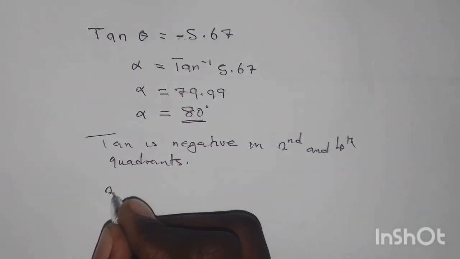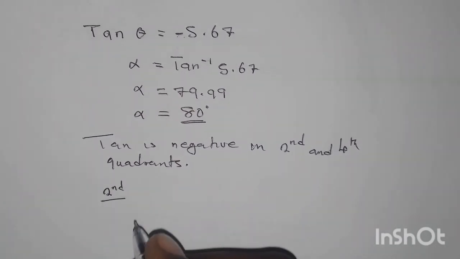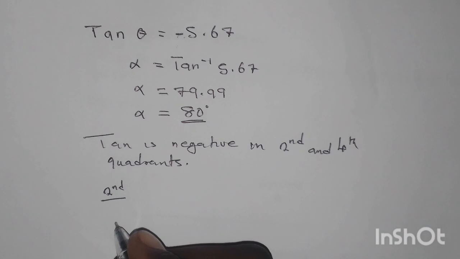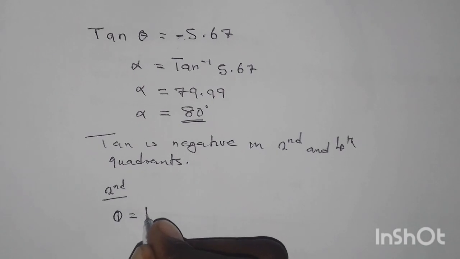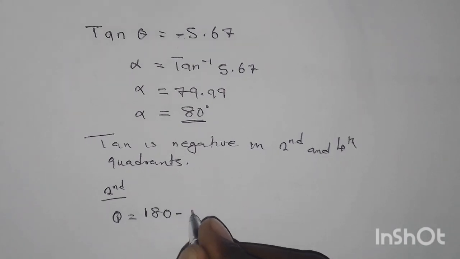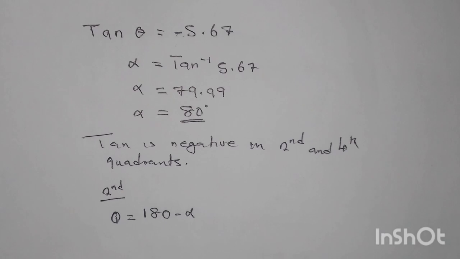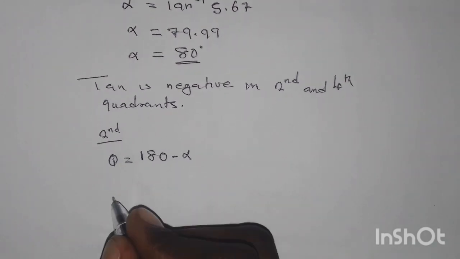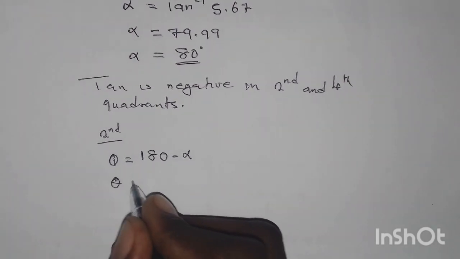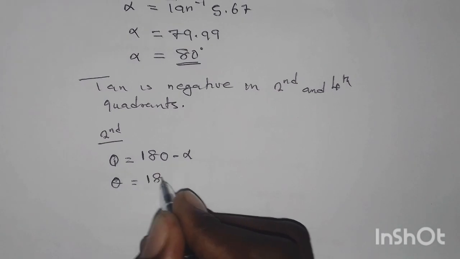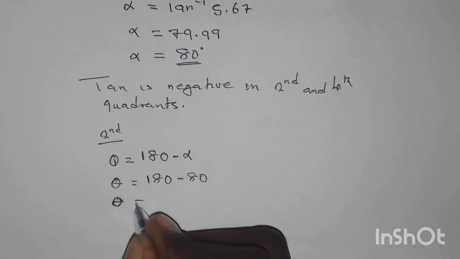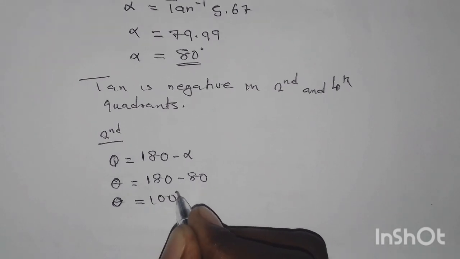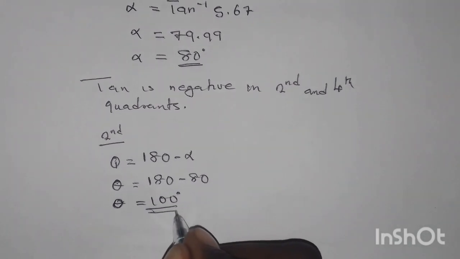So for the second quadrant, we are going to say theta will be equal to 180 minus the reference angle. That's the formula for the second quadrant. So theta will be equal to 180 minus 80, which gives us theta to be 100 degrees in the second quadrant.